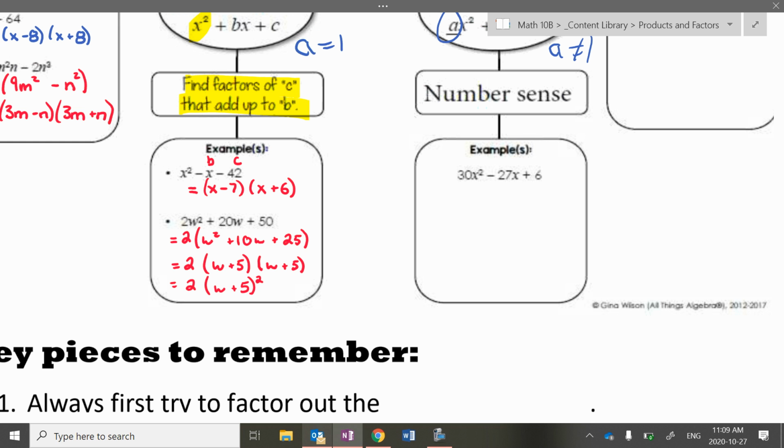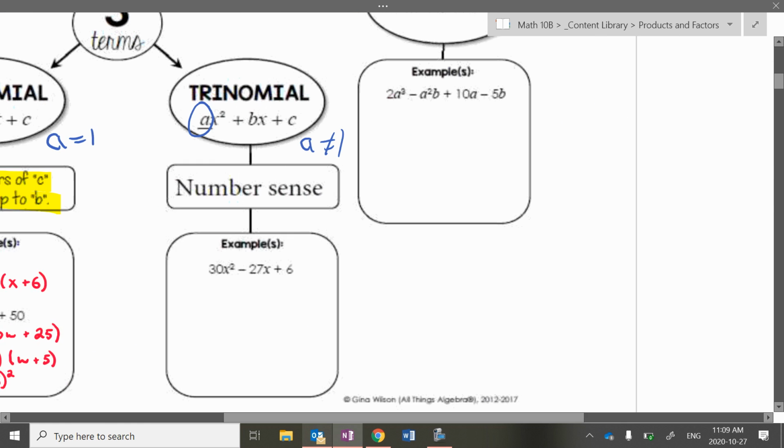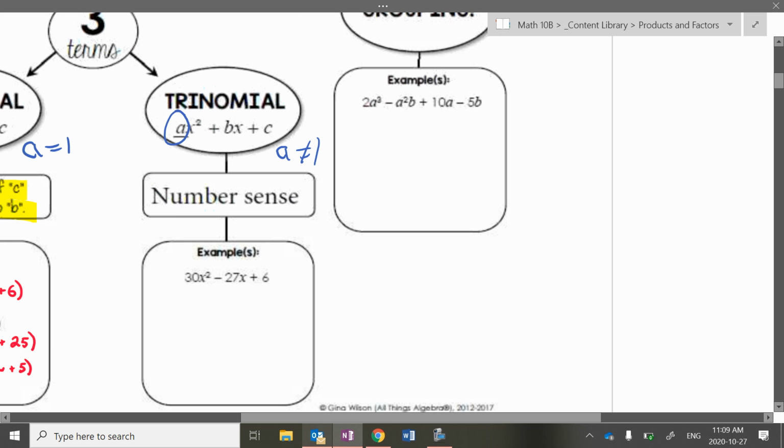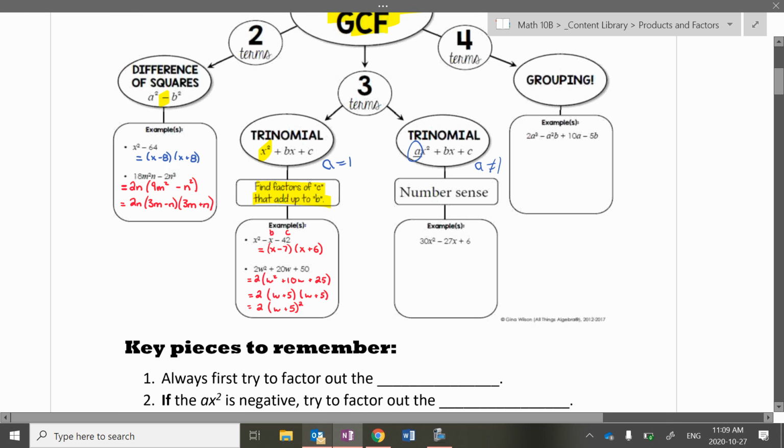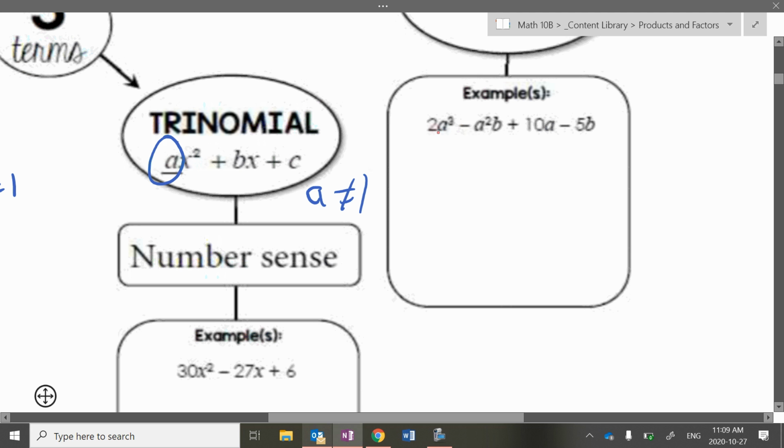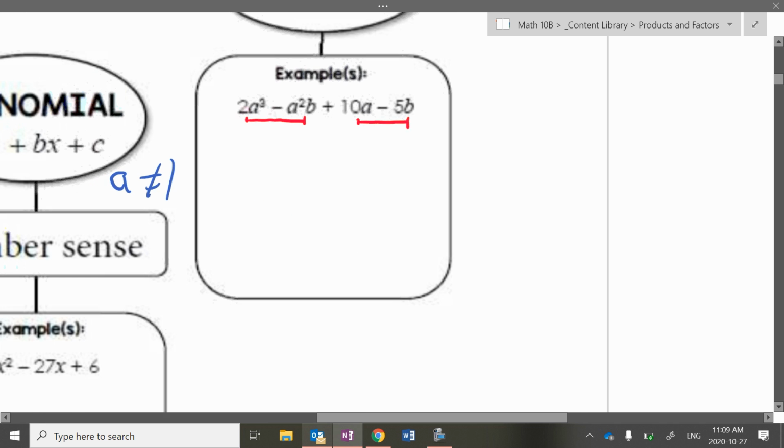Just want to give you guys a second to write that down. So factor by grouping, generally they're written in the order to use it, not always, but generally. So that should be your first check. Is there something common between my first two terms? A, cool. Is there something common between my second two terms? 5. Okay, so let's try that.